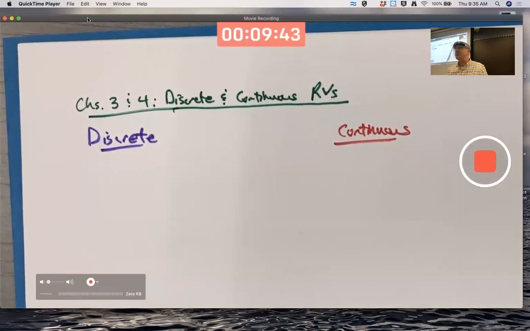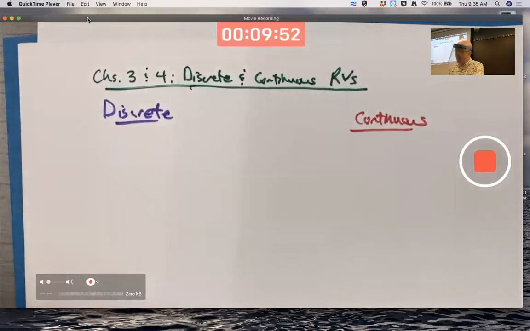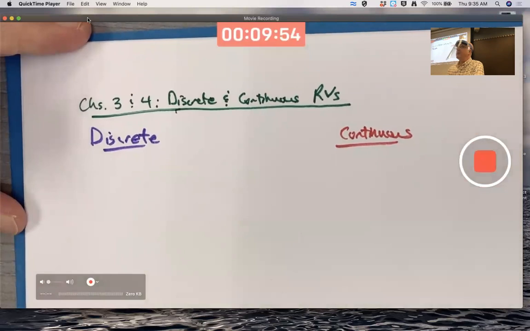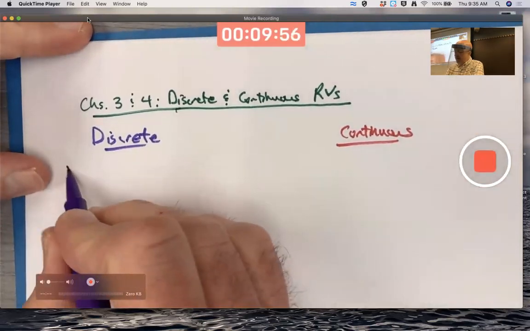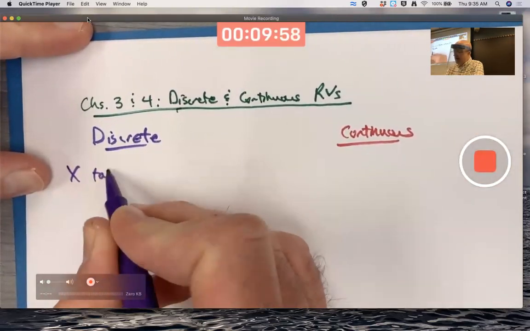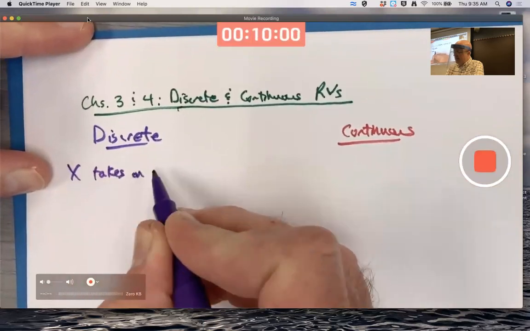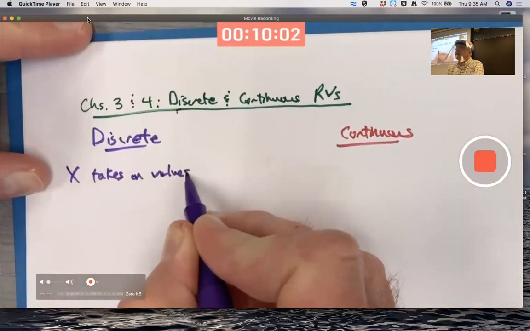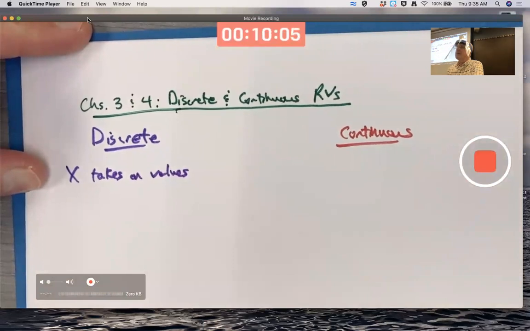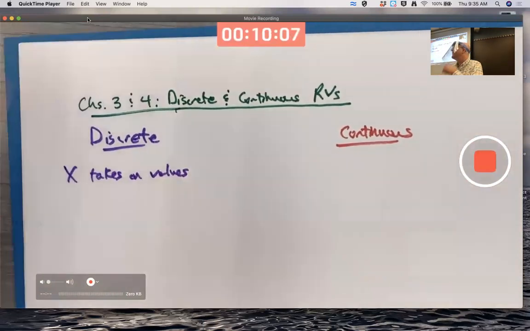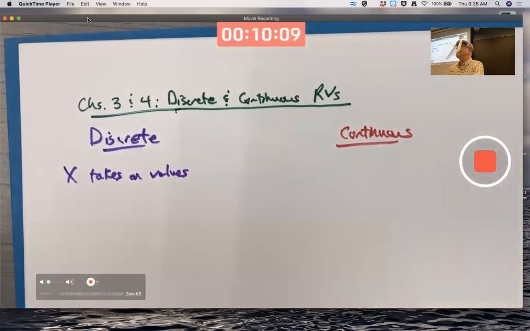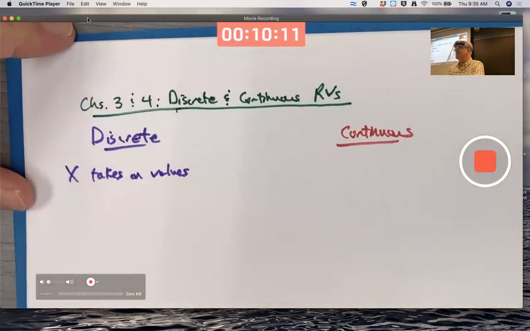Okay, for discrete random variables. Actually, sometimes people shorten it to just probability function, but I'm going to call them probability mass functions for discrete random variables. And the key thing about discrete random variables is they take on values in either a finite set or what's called a countably infinite set, denumerable set.